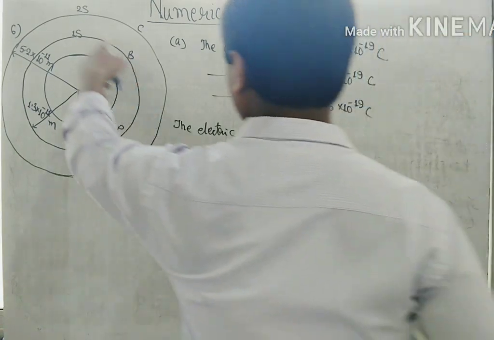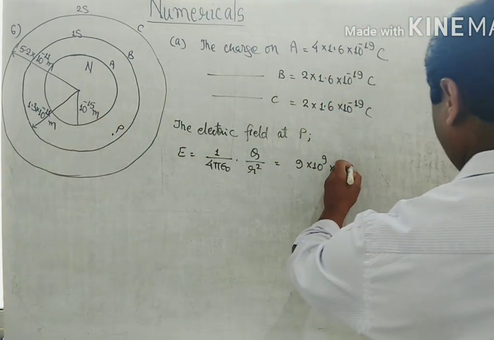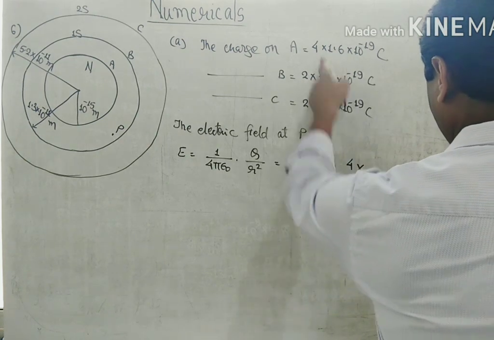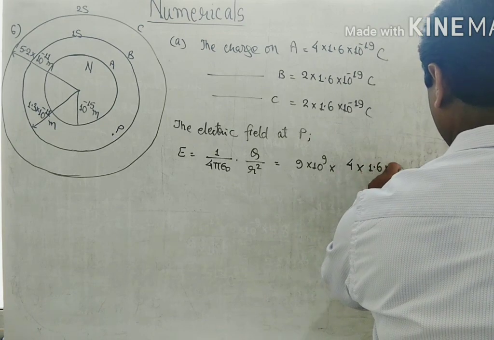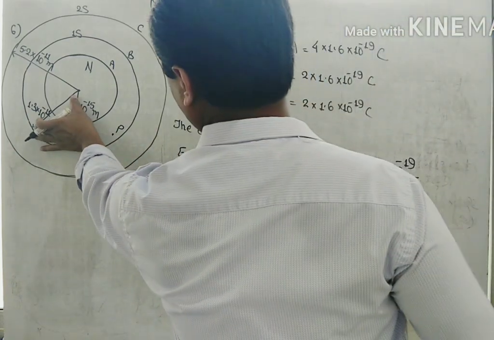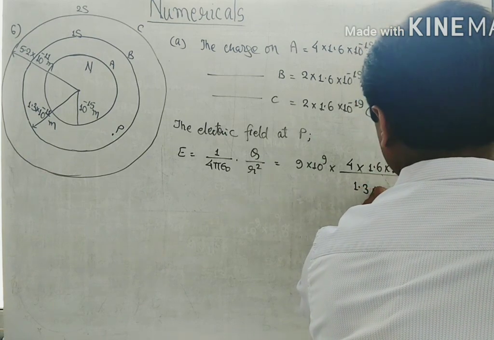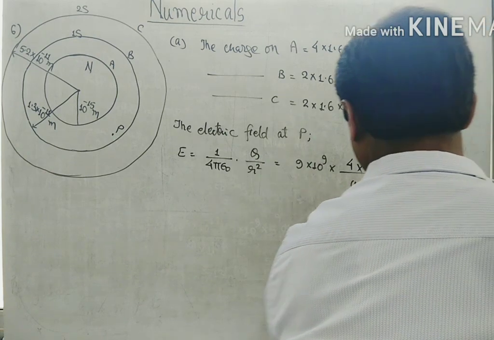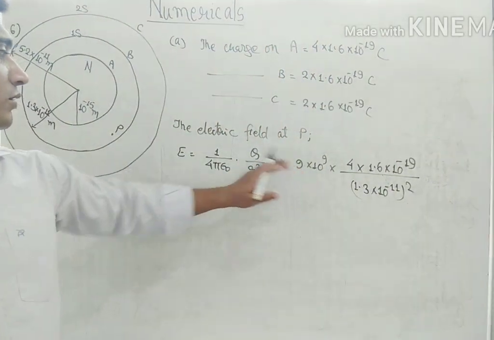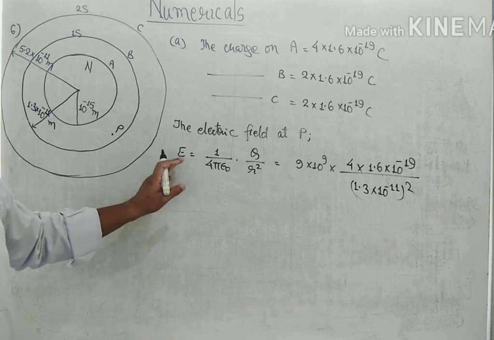Now the charge on this 1s is given to be 4 into 1.6 into 10 to the power minus 19, upon, what's the distance? As I said, the distance we will be taking is 1.3 into 10 to the power minus 11, and this squared. So actually this is the solution of the first part of the question.